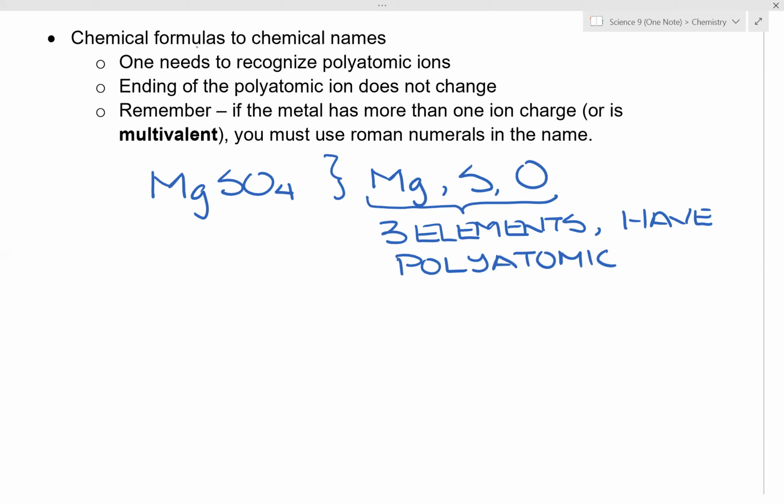Now usually the polyatomic is the negative ion. So in this case, you would recognize Mg here. This would be magnesium. And you recognize here SO4 is your polyatomic.